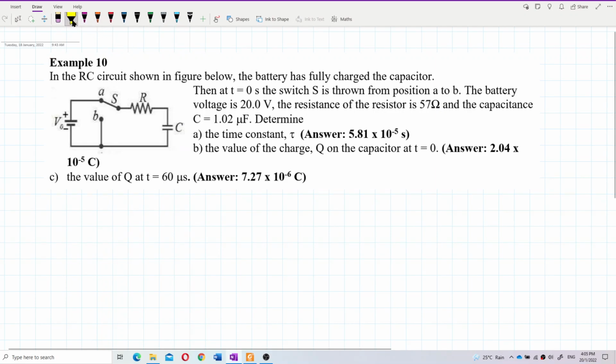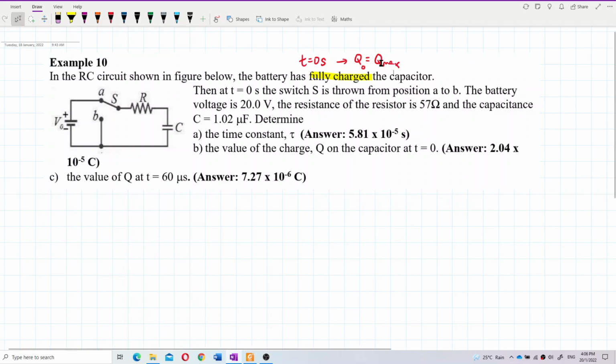It says initially, at 0 second, the battery has fully charged the capacitor. Fully charged means the initial charge is the maximum charge.